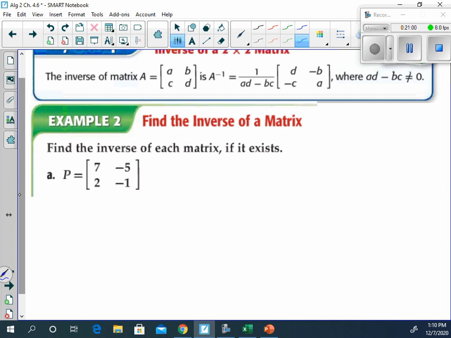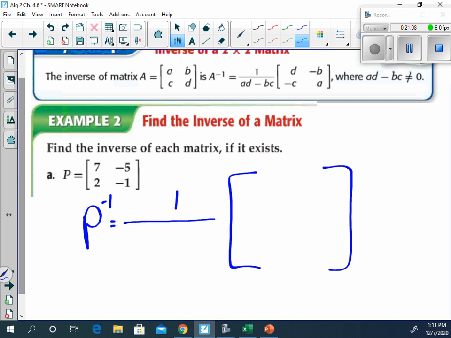Now, other than that, we're just plugging this in. We're filling in for A, B, C, and D. The first thing we have in finding the inverse is 1 over AD minus BC.